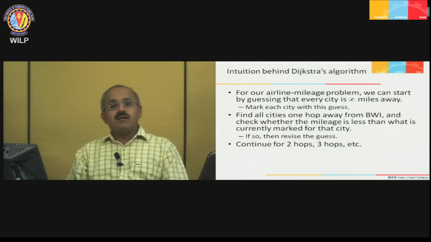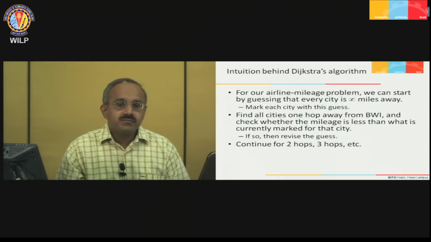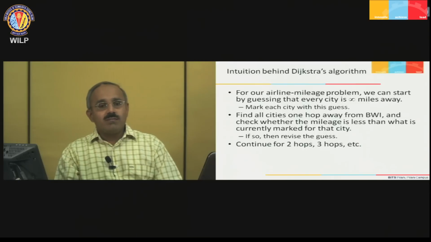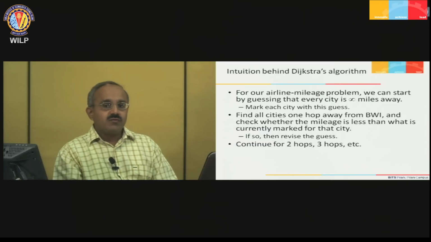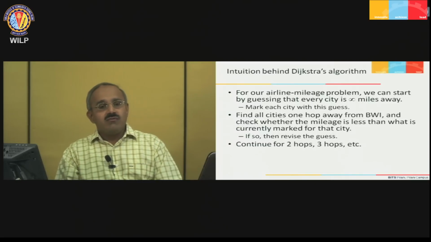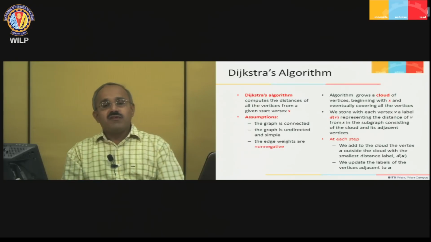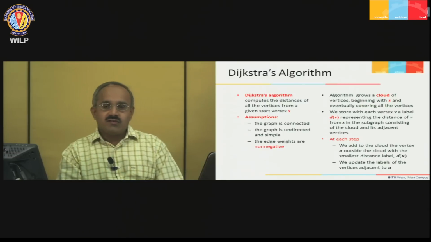We know that if our graph has n vertices and it is connected, then there is going to be a path of length n minus 1. So, the terminating condition will be when we have paths of length n minus 1. The first algorithm that we look at is called Dijkstra's algorithm.